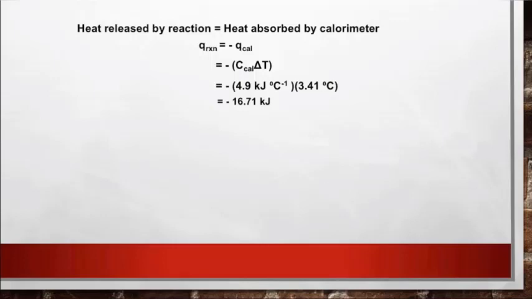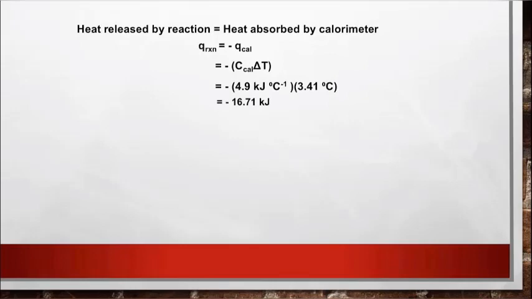Hence, the heat released by the combustion of sucrose is negative 16.71 kilojoule. Please note that the unit here will be kilojoule since the value of heat capacity given to you is in the unit kilojoule. In order to determine the enthalpy of combustion of sucrose, you have to know what is the amount of heat released for 1 mole of combustion of it. In order to determine that, you have to calculate the number of moles of sucrose first using the formula mass over molar mass.